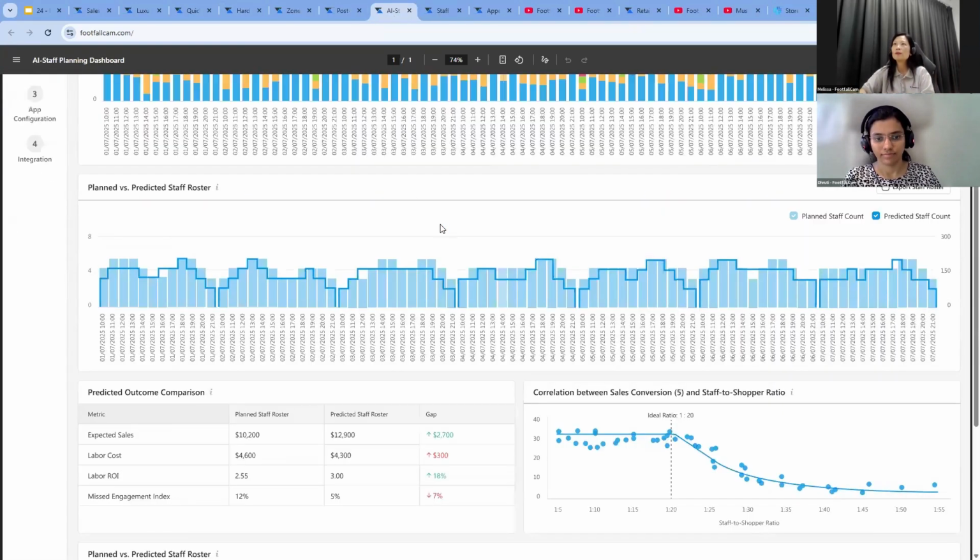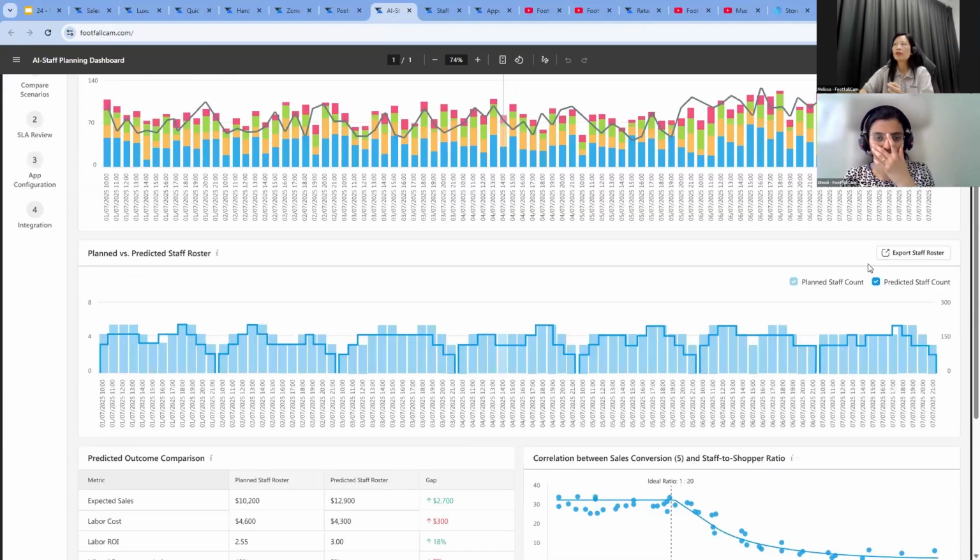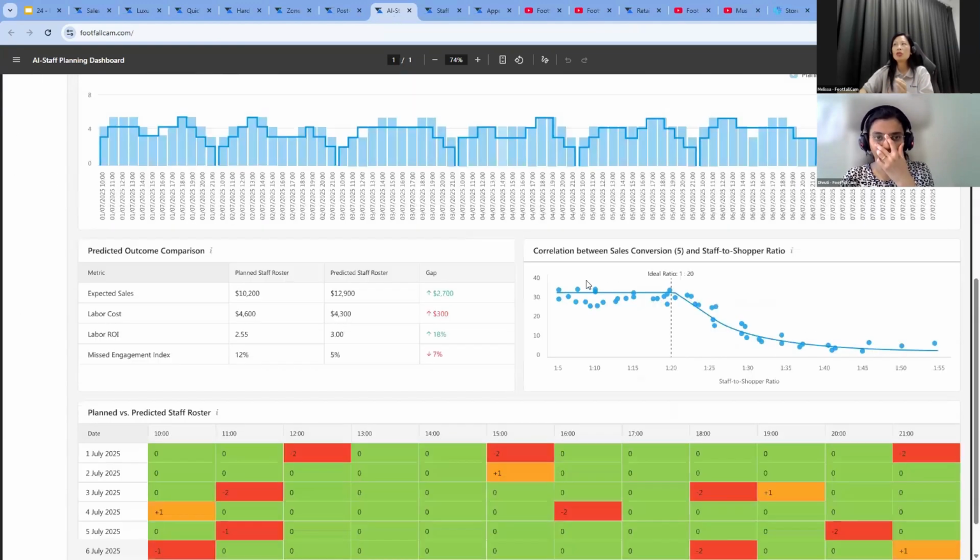Here as well, it's telling you what kind of demand or group is coming, what the predicted sales could be, and then comparing when your most ideal staff to shopper ratio is before it drops. It shows your predicted outcome comparison, your current plan roster compared with the AI predicted staff roster.